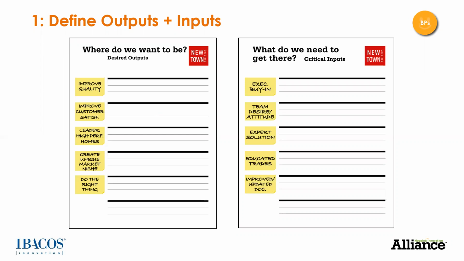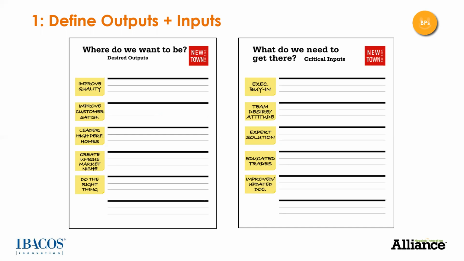So the first thing, what are you trying to do? So Bill and his team said they wanted home quality improved, customer satisfaction, lead the marketplace in Denver in high performance homes, etc. So just like I showed you earlier, these are big things, and then they broke them down on these flip charts. What will we need to be successful?